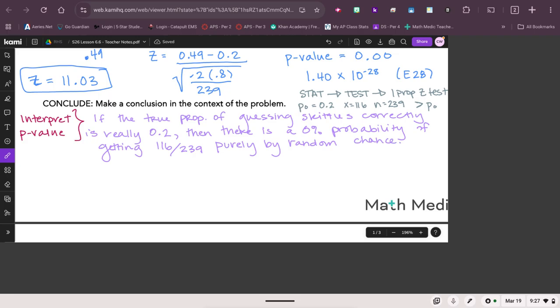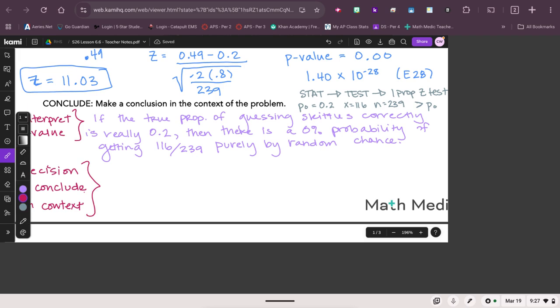Understanding what that p-value is telling you helps you make your choice. So that's what's coming up next for us. We're going to have to make a decision, and then we are going to have to conclude our hypothesis test in the context of our situation. It's always in context. You guys know that.